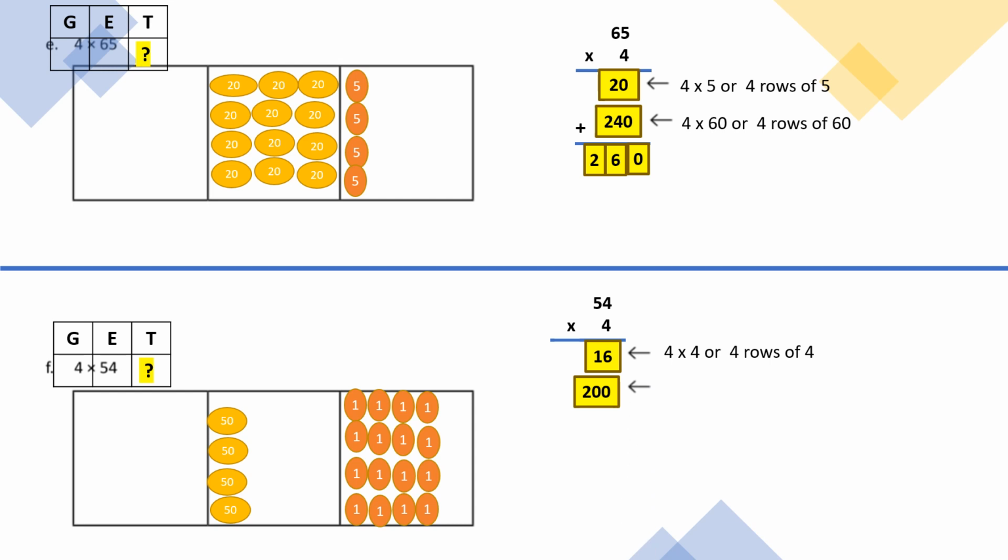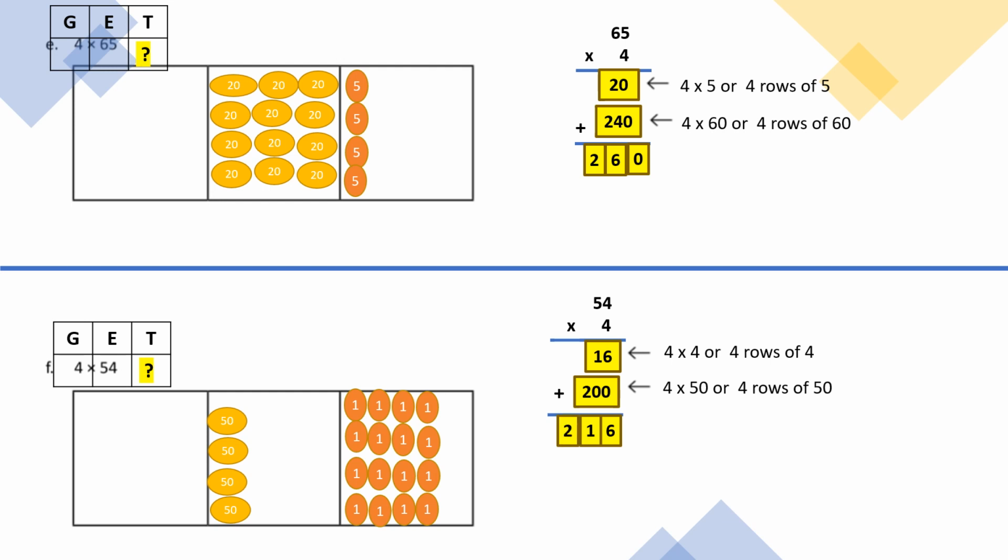Now let's put those two answers together to get our total. 16 plus 200. Well, let's start with our ones place. 6 plus 0 is 6. And 1 plus 0 is 1.